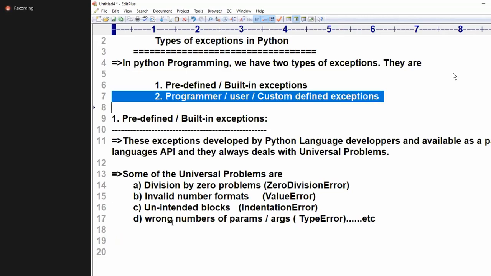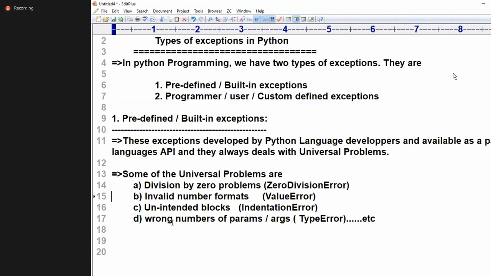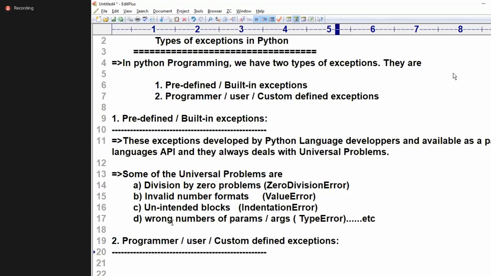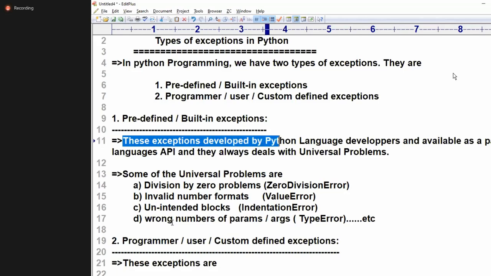These exceptions are developed by Python programmers. I am writing, developed by what? Python programmers.